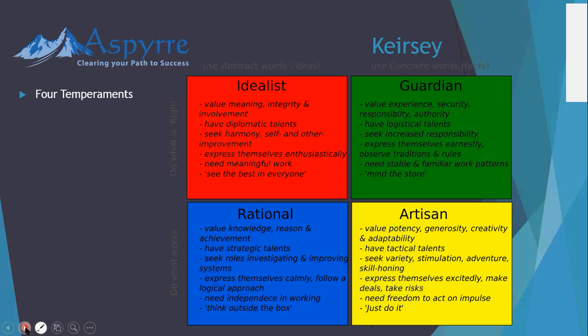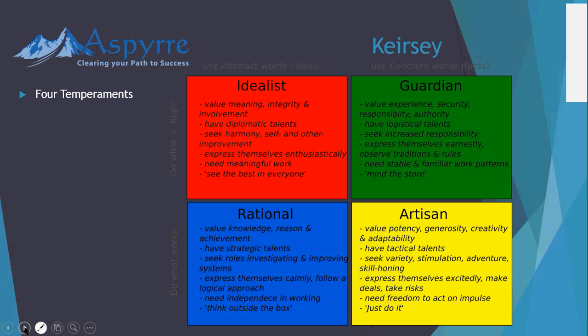Okay, so the Kiersey. Now the Kiersey is an interesting tool, and I've actually used it and gotten trained on it. It has 4 temperaments, and the funny thing is that it uses the Myers-Briggs letters. And I think there was a big lawsuit, and Myers-Briggs said they couldn't use their 4 letters anymore. But when I was trained on it, they were still using the 4 letters.